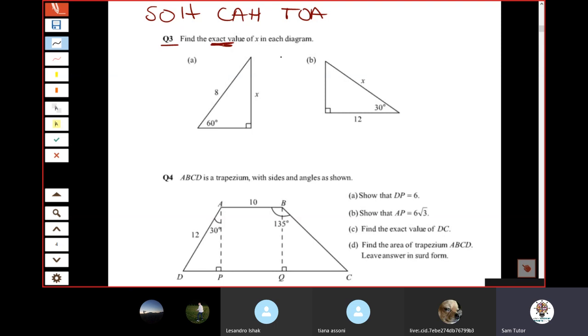Find the exact value of x in each diagram. What are we going to use? Opposite over hypotenuse, which is sine. So it's going to be sine 60 equals opposite over hypotenuse, the exact value of x times the 8 over.